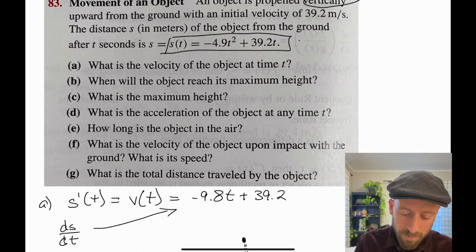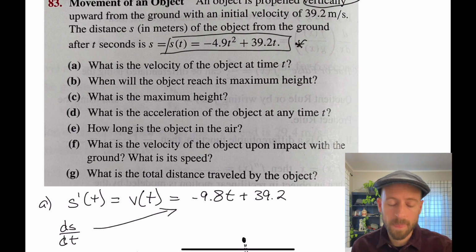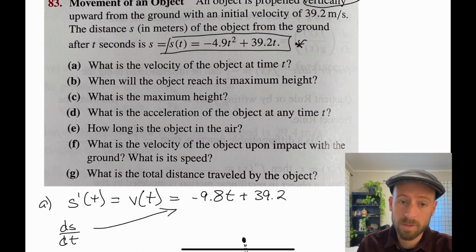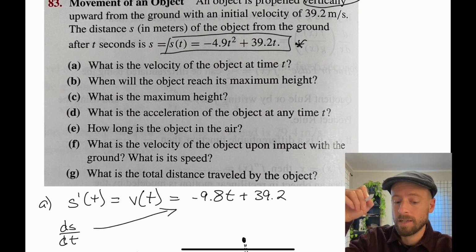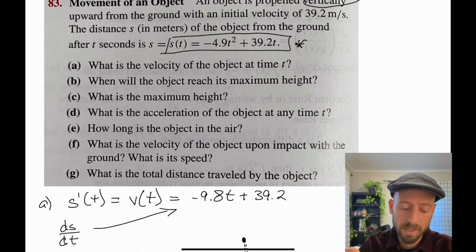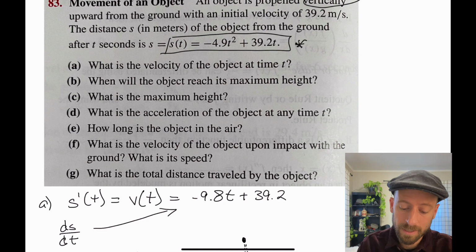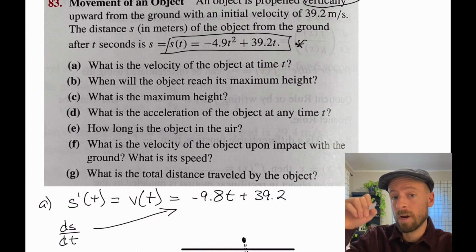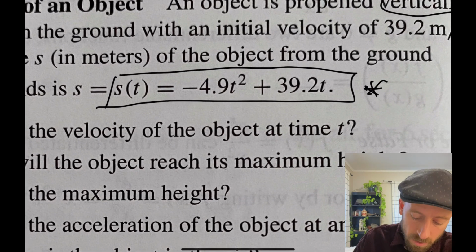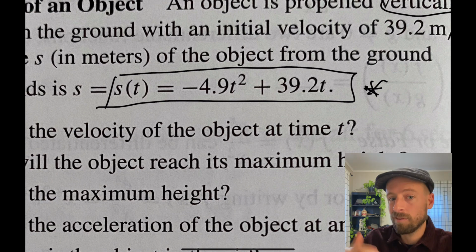And so that first formula right here, this one up top, we have a position function. So we want to plug into the position function because that tells me the height at any time, right? That tells me the height, the distance s from the ground. So if I plug in different times there, that'll tell me how far away from the ground I am, right? If I plug in 0, by the way, I just get 0 because I haven't launched it yet.